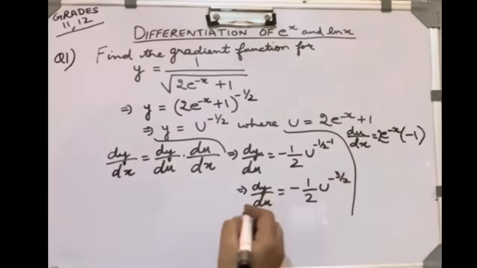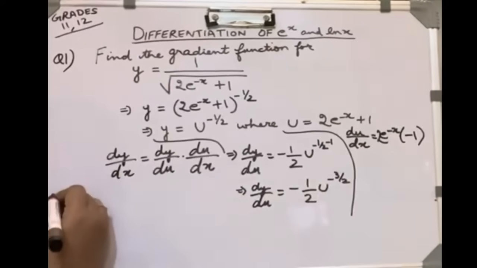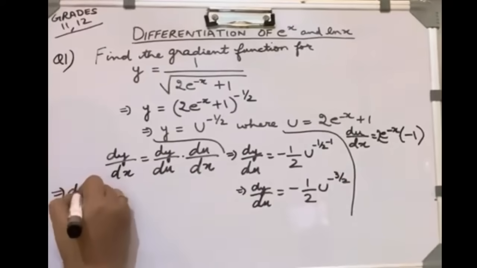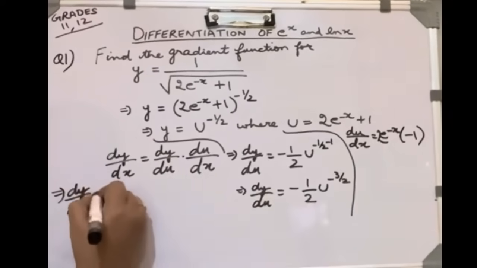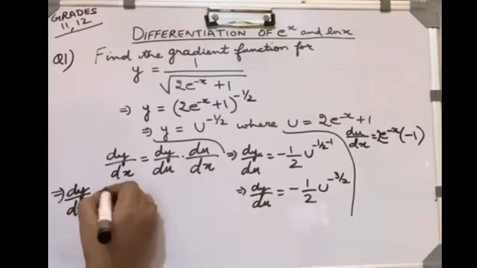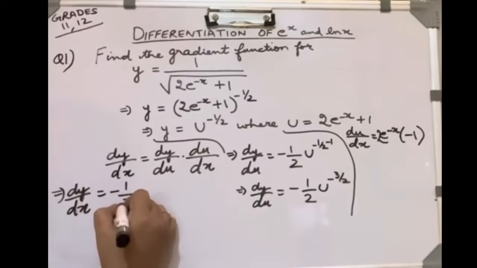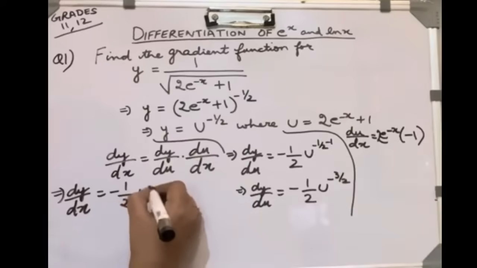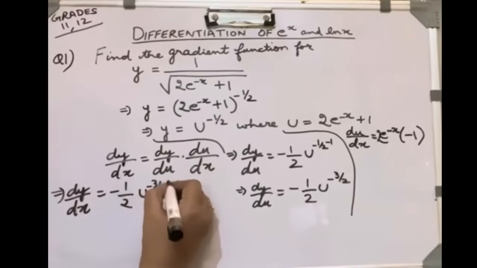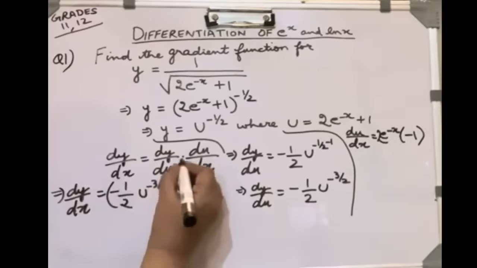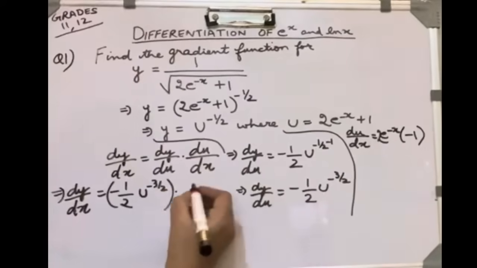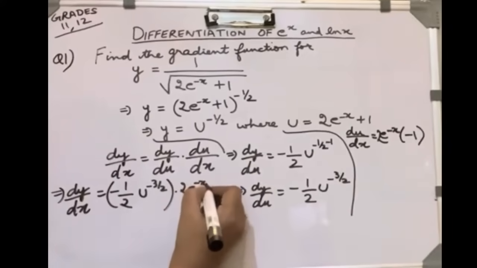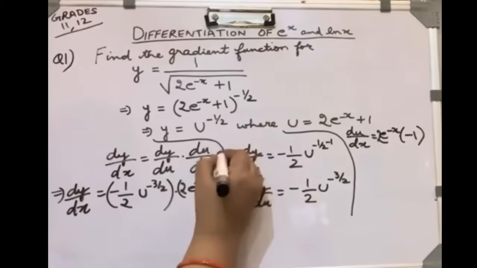Yes, now we come back here. So dy by dx is equal to dy by du, which is minus half u to the power minus 3 by 2, multiplied by du by dx, which is 2e to the power minus x multiplied by minus 1.